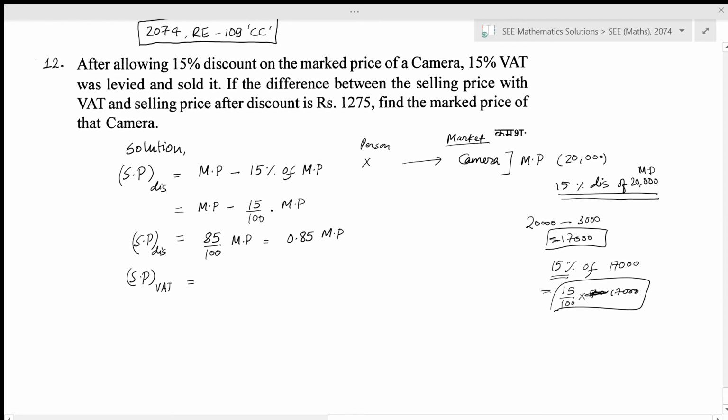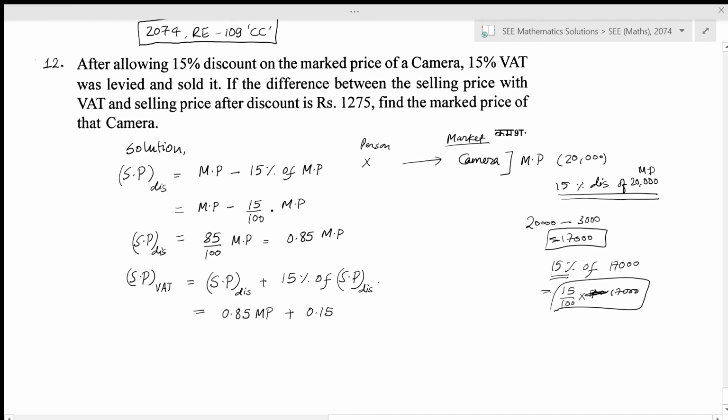So the SP after VAT will be equal to SP after discount plus 15% of SP after discount, meaning the VAT amount. So SP after VAT is equal to SP after discount plus VAT amount, which is 0.85 MP plus 0.15 of 0.85 MP, where 15% means 0.15 and "of" means a multiplicative sign.